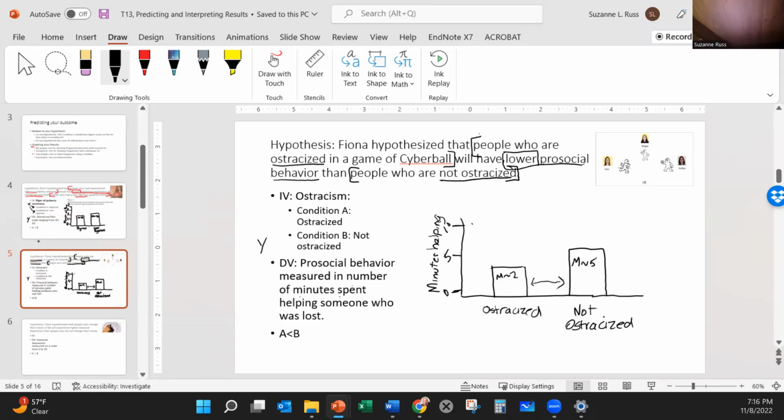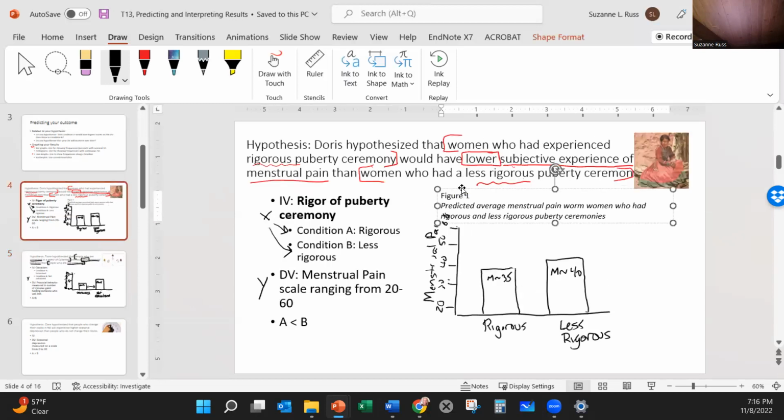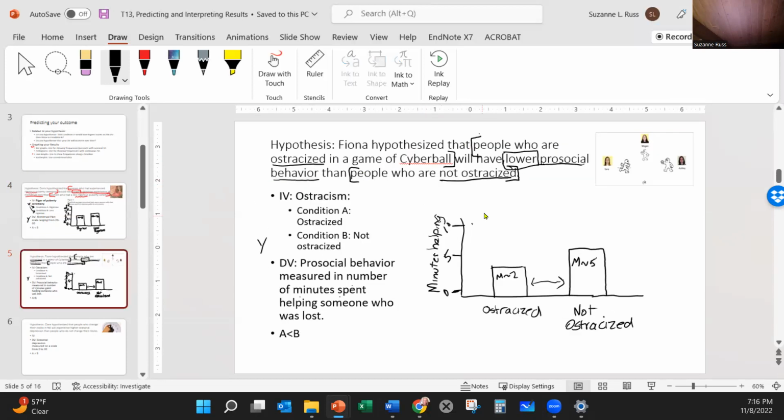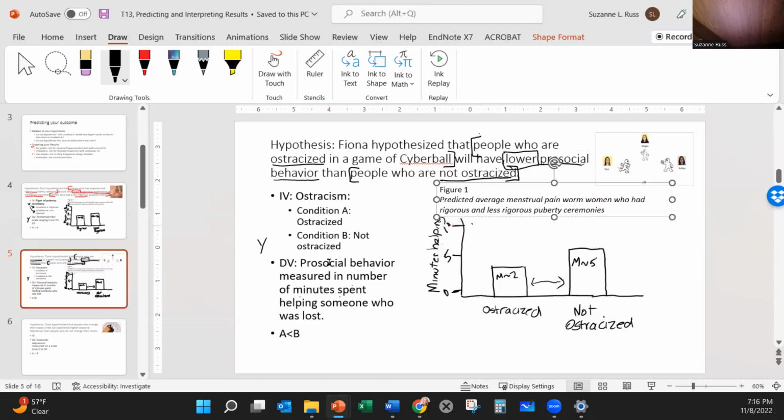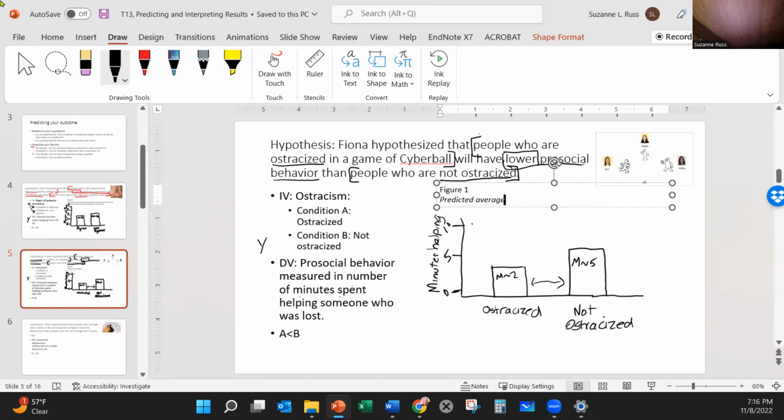I think I'm going to add a clarifying note here on the minutes helping. So let's go ahead. I'm going to copy the title here so I don't have to do that all over again. I'm going to paste it onto here. So let's go ahead and rewrite this title. So we're going to leave the words predicted average there because this is how it will start. Now in this case, we're measuring not even average minutes.